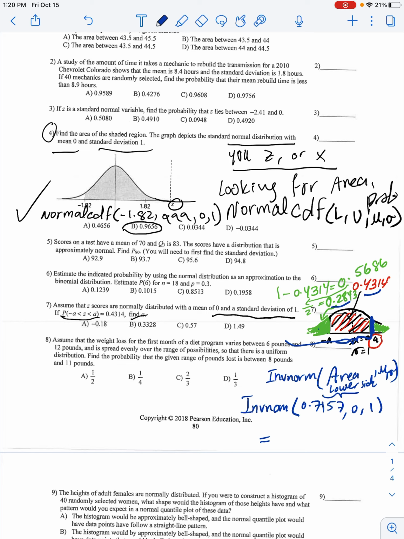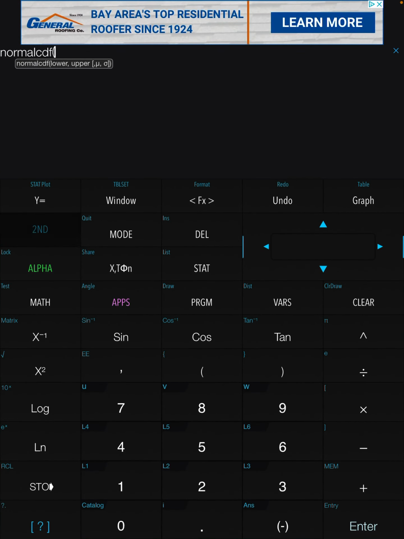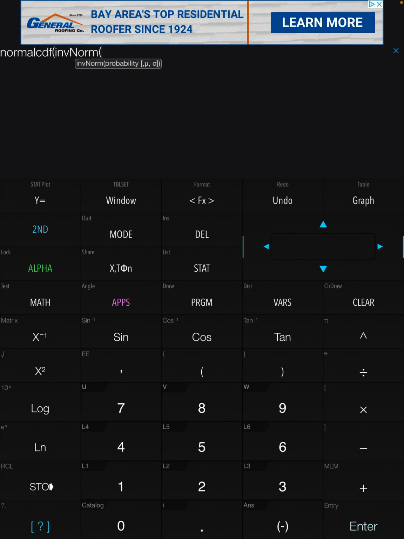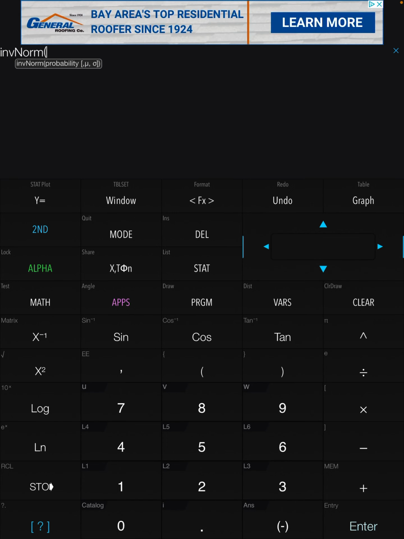And you put that in your calculator. Again, to find inverse norm, you go second vars. The inverse norm key is on the calculator again. So second vars, inverse norm, number 3. Do you see probability, mu, sigma?